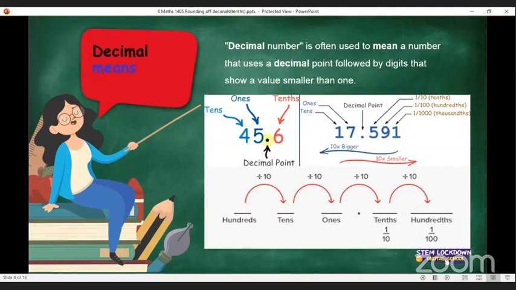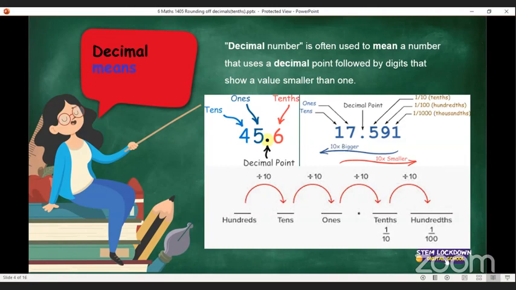As we are saying, anything that is after the decimal point is less than 1. We'll see that when we're doing the rounding off. Here, this 5 after the point, this is how the place value takes part. It starts with the tenths, the hundredths, and then the thousandths.